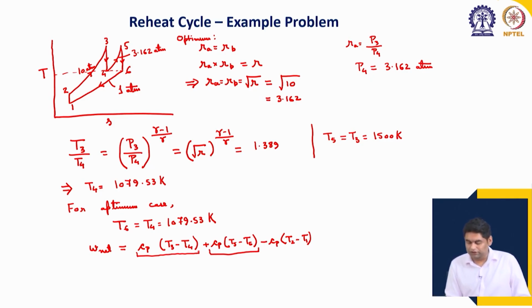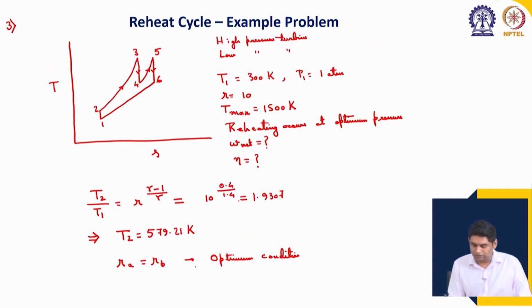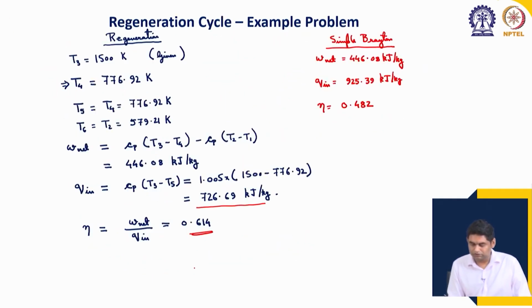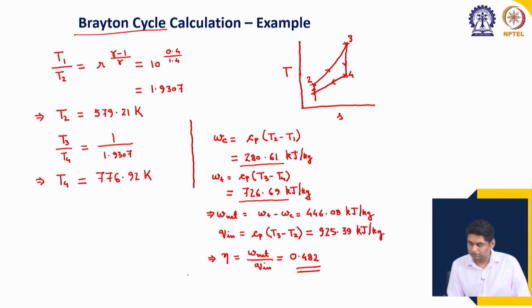Now we know all the temperature values T1, T2, T3, T4, T5, T6. You can replace the values and you will get the net work output, which is 845.15. This is the turbine work output minus the compressor work input, which was 280.61.